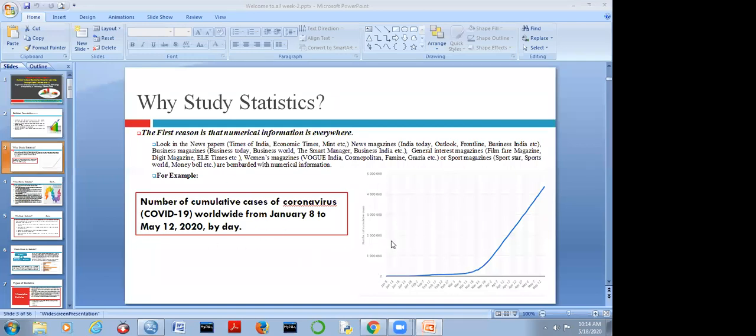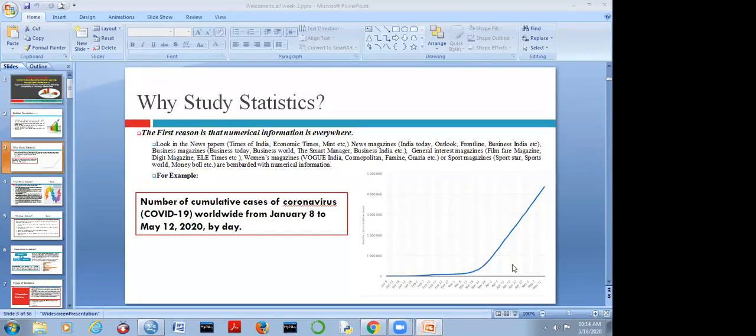If you know statistics, you know what this graph shows, what is at the bottom, what is horizontal. At the bottom, horizontally, that is the x-axis, and vertically that is the y-axis. On the x-axis the days and months are given, and on the y-axis, in a cumulative way, the number of cases is given.